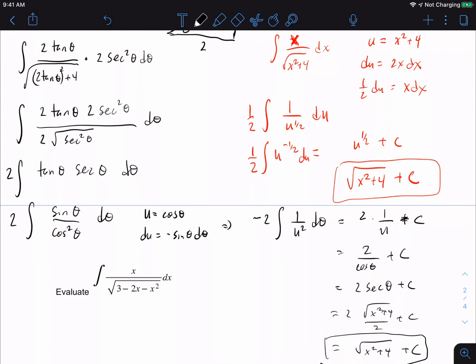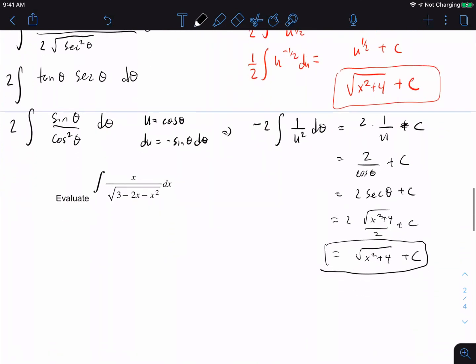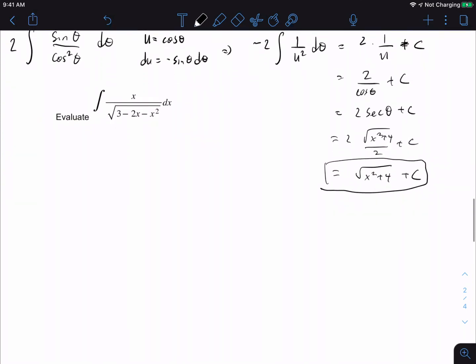All right, so here's our next problem. So this problem, is it in any of the 3 forms that I've shown you so far? It should be fairly obvious that it's not, right?